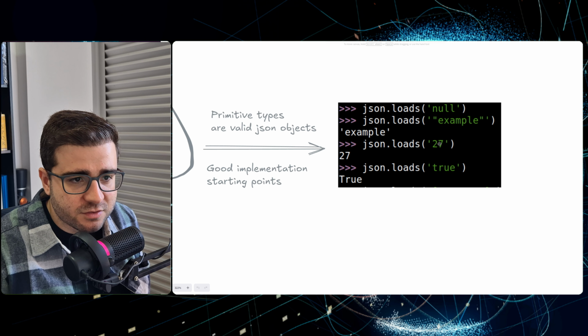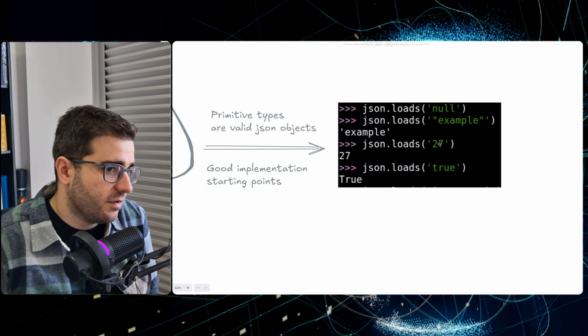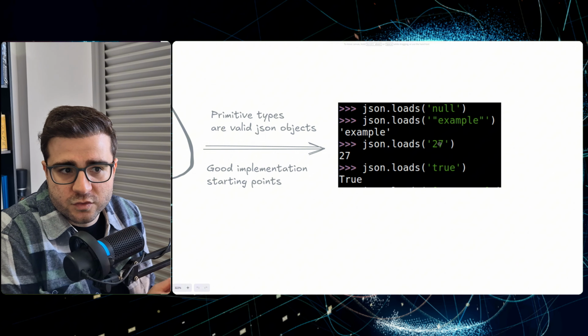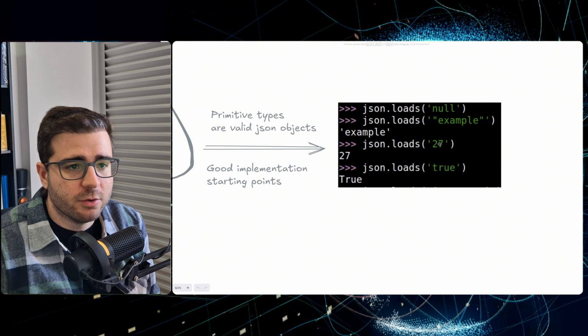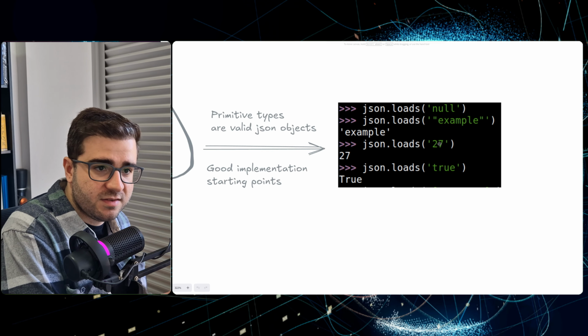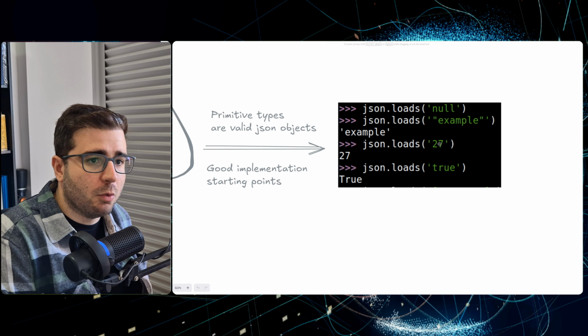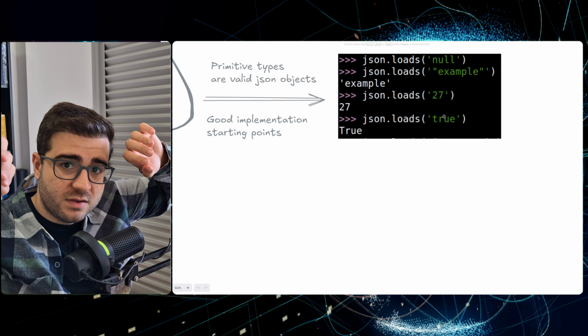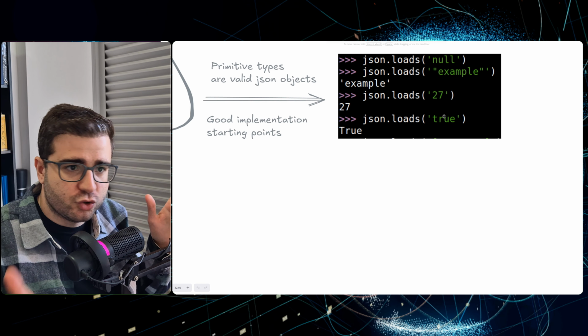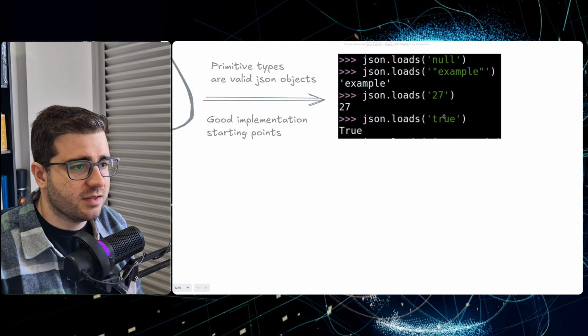The same thing applies to numbers. If we receive a digit, that is probably a number. So we need to parse that and check that. The same applies to the Boolean values, true and false. If we receive a T or an F, that's possibly a Boolean value. So we just need to go through the rest of the value to check if it is indeed a true or false, or we are going to raise a validation error.